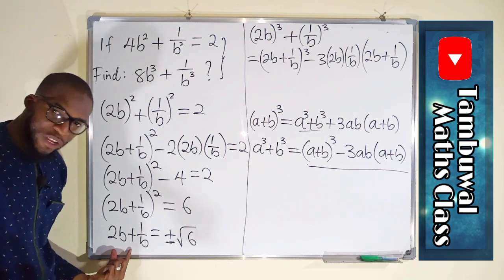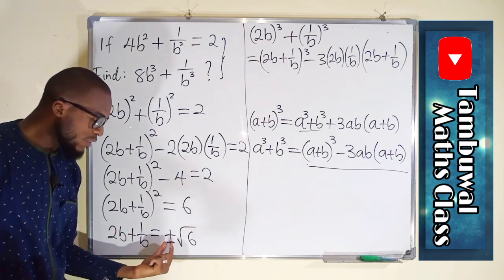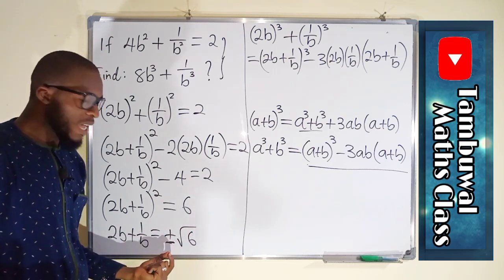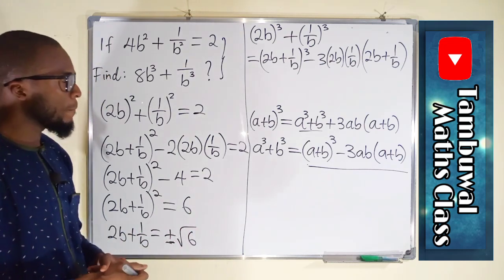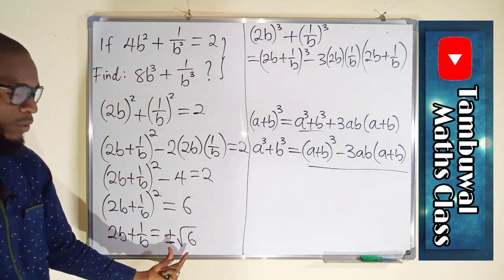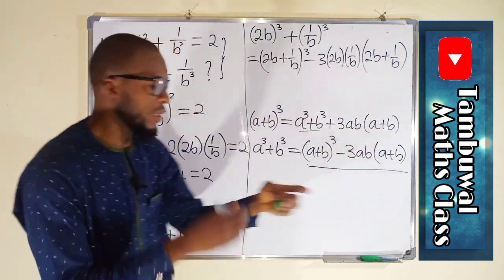But from here you can see 2b plus 1 over b is equal to plus or minus root 6. Now let us consider positive root 6 here. So wherever we see 2b plus 1 over b, we replace it with positive root 6. We have one here and we have the other one here.